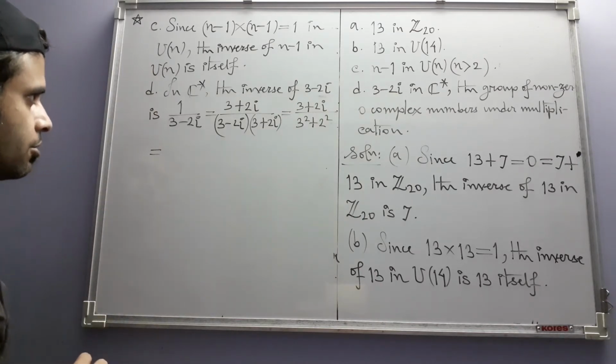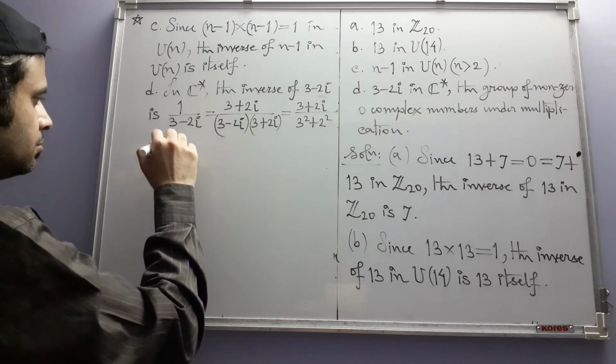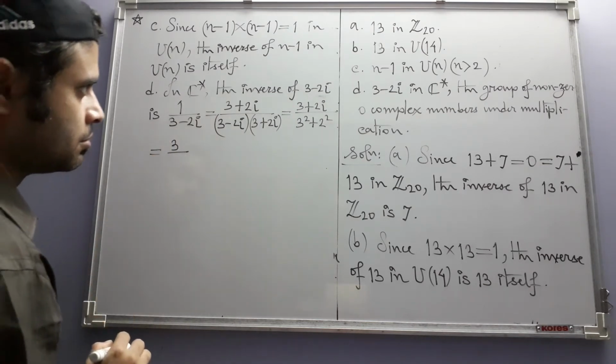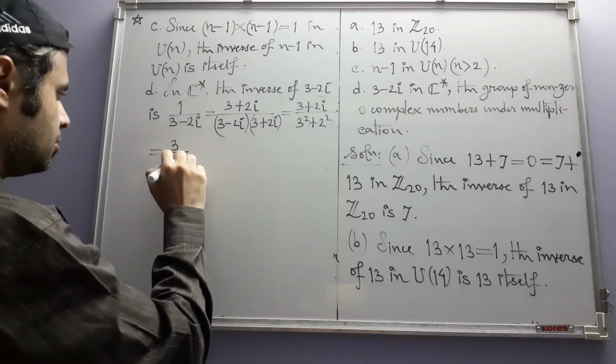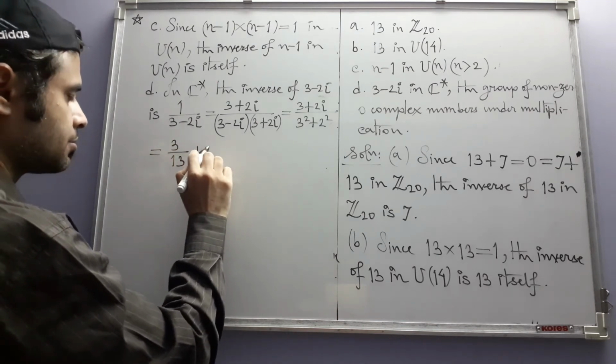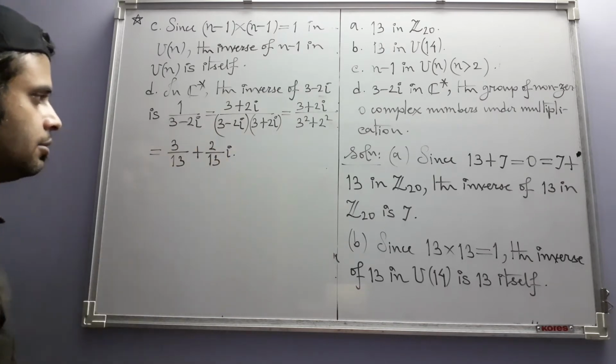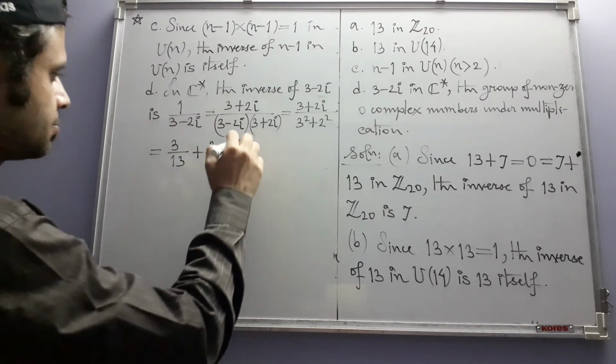So 9 plus 4 is 13. So 3 divided by 13 plus 2 divided by 13 times i. This is the inverse.